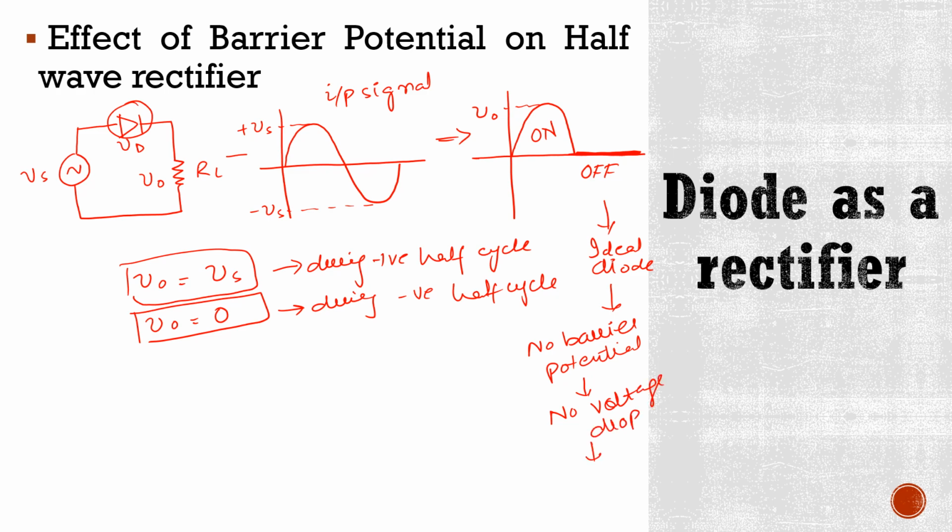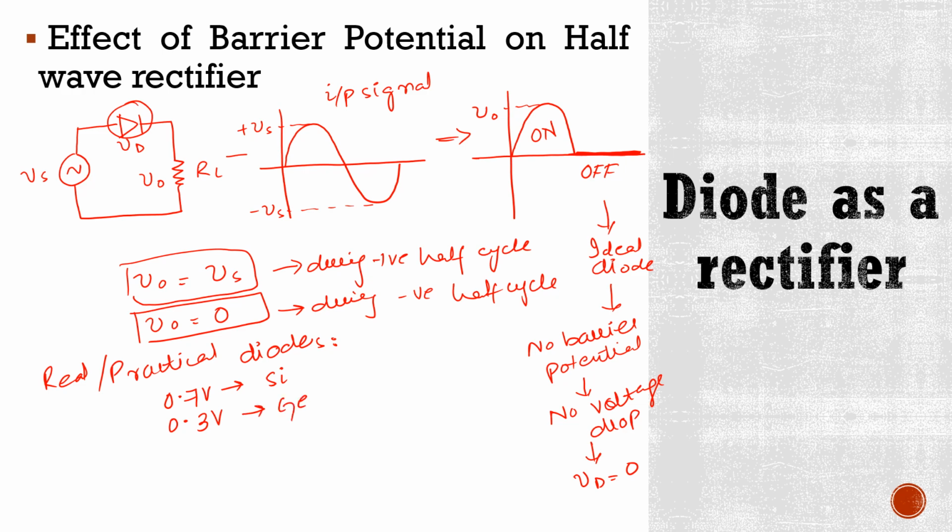It means Vd is equal to 0. But in case of real or practical diodes, we have some barrier potential. This barrier potential is 0.7 volts for silicon diodes and 0.3 volts for germanium diodes.